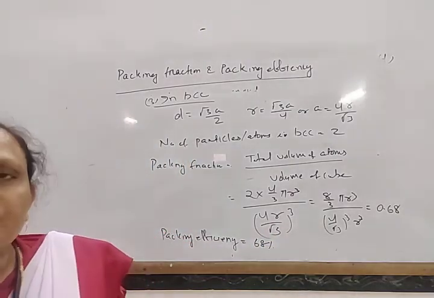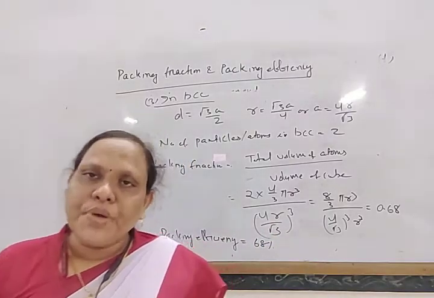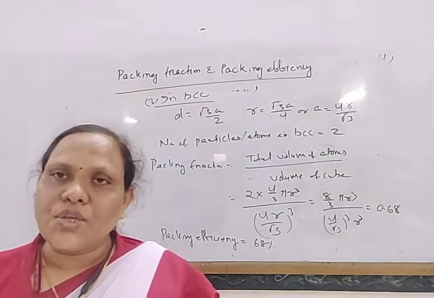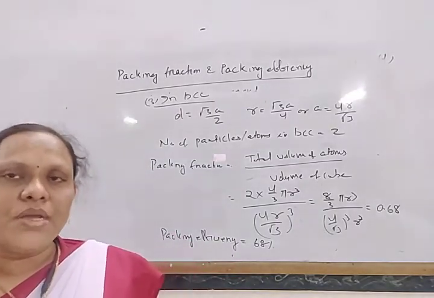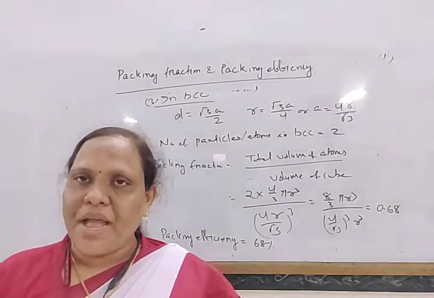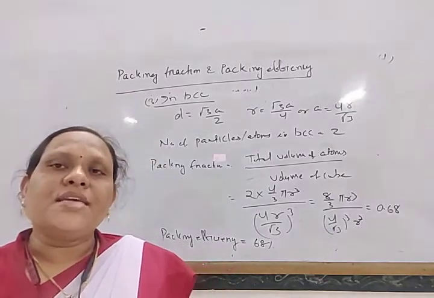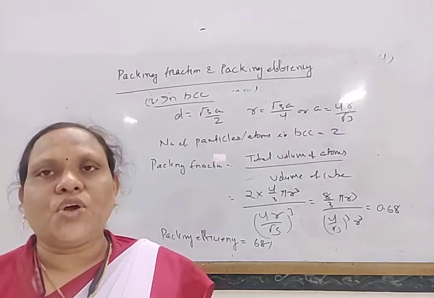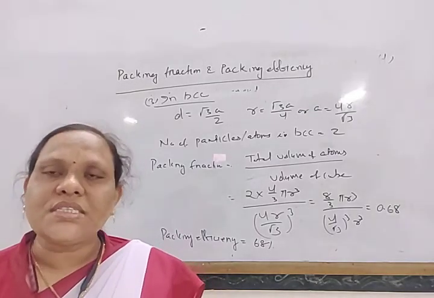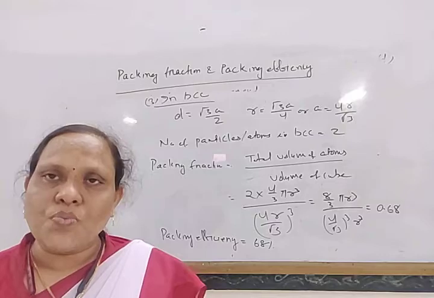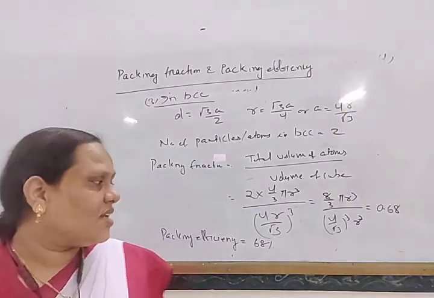In this way, if we consider simple cubic, face centered cubic and body centered cubic, the most closely packed is the FCC arrangement. That is 74% is occupied while 26% remains unoccupied.